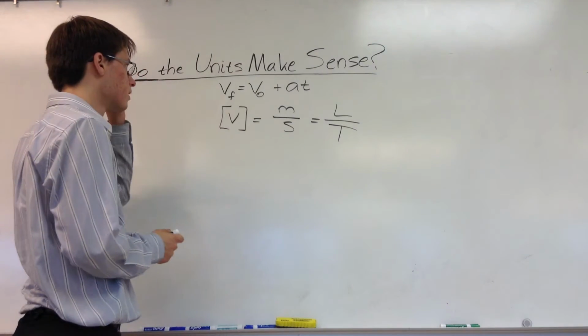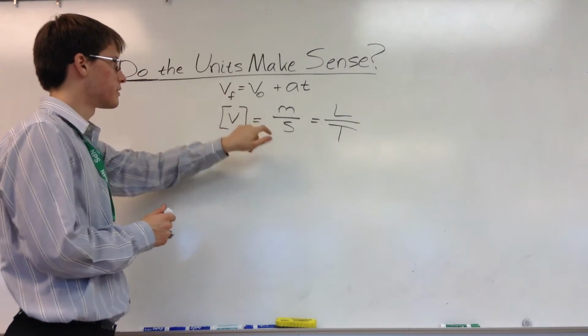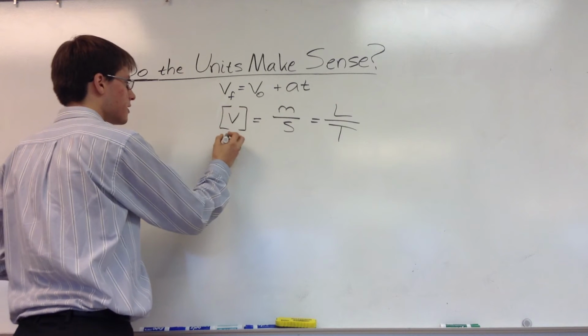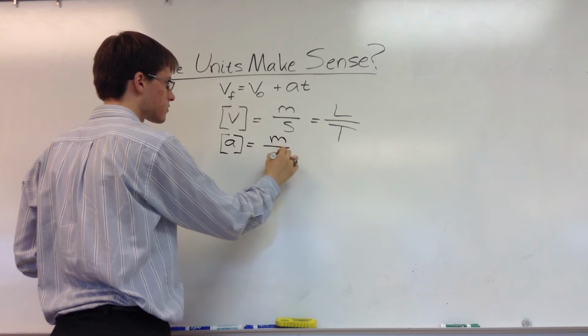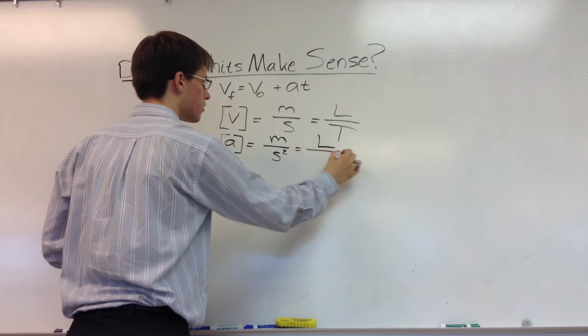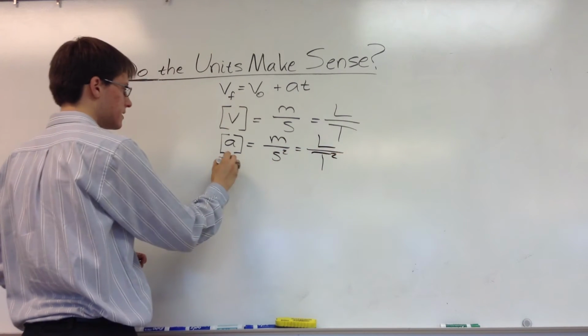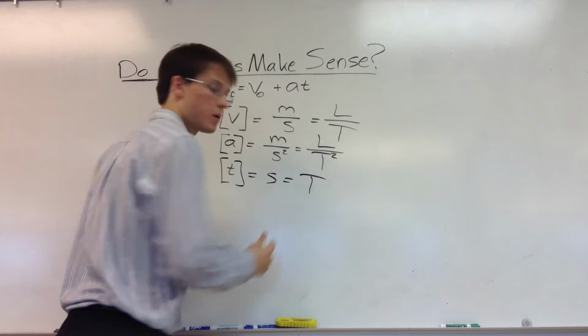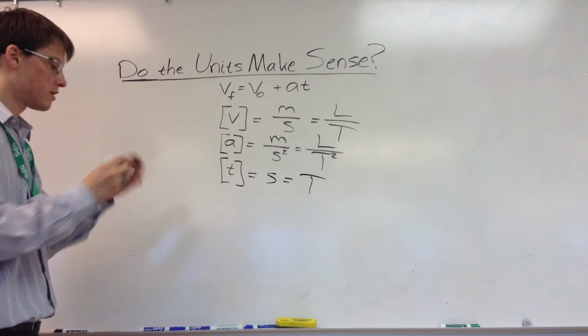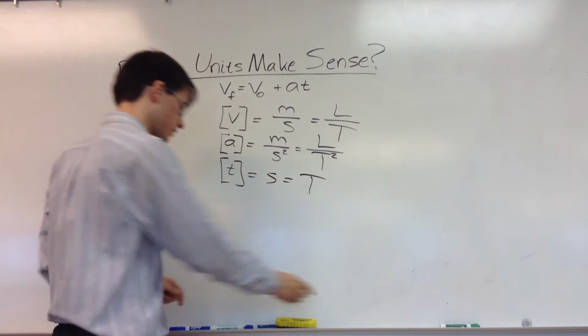So these are both going to have units of meters per second. We also have an acceleration. The acceleration has units of meters over second squared, or length over time squared, and time has units of seconds or time.